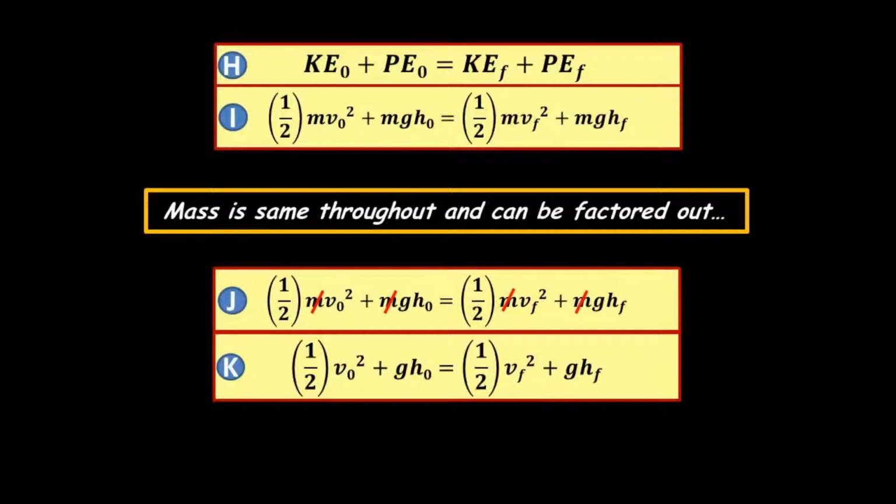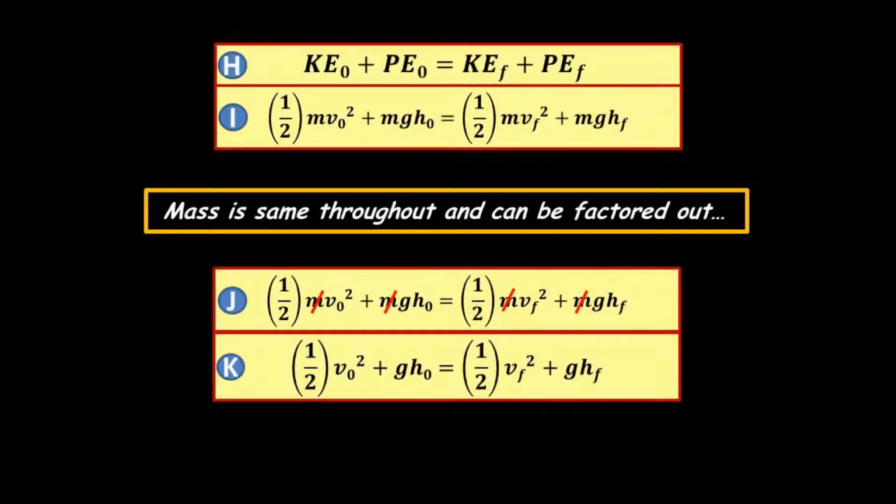That will equal the final kinetic energy, 1/2 mv squared, where it's v final, and the potential energy final will be mgh, where the height is final, hf. The mass is the same throughout and can be factored out.